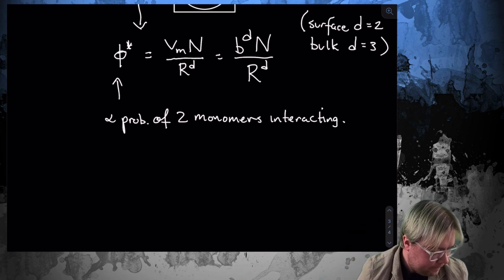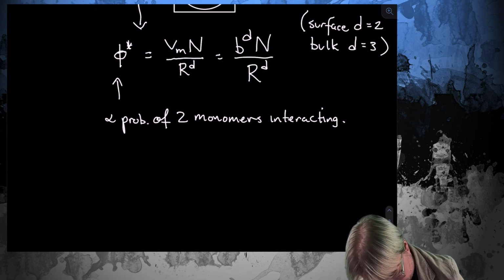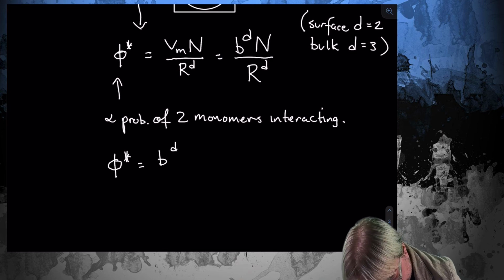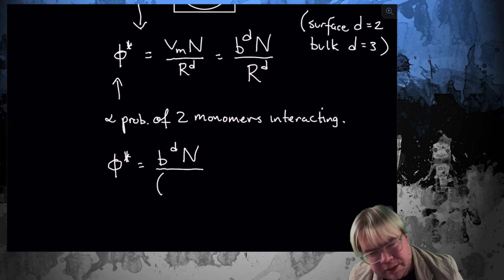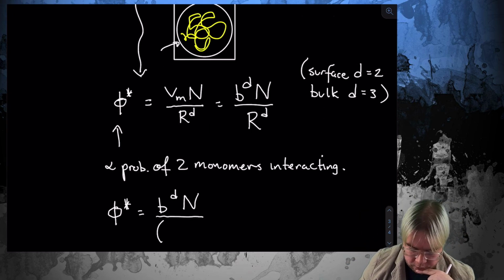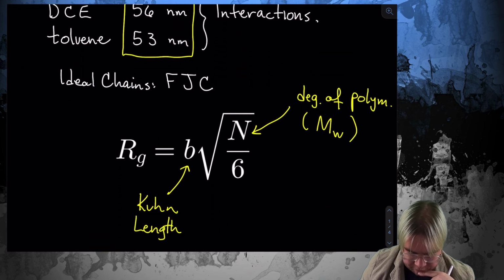All right. So what is it? Well, let's just substitute some things in. So phi star is equal to B to the D times N divided by, well, what's R? What can I put in for the size of the chain? Well, I could go back up here and I could look at the radius of gyration.